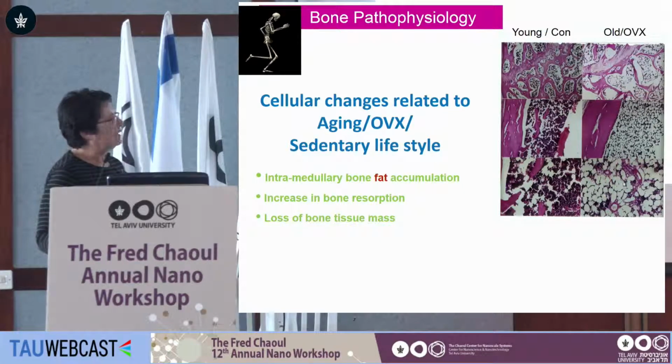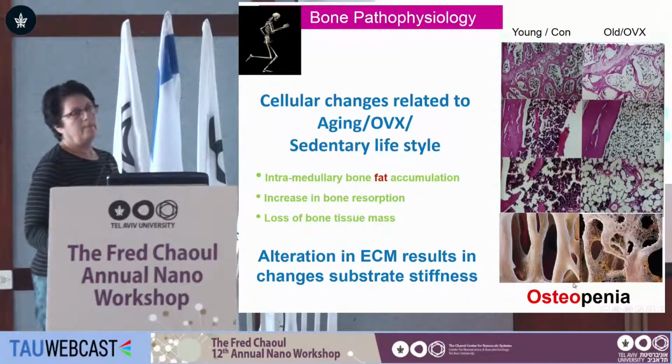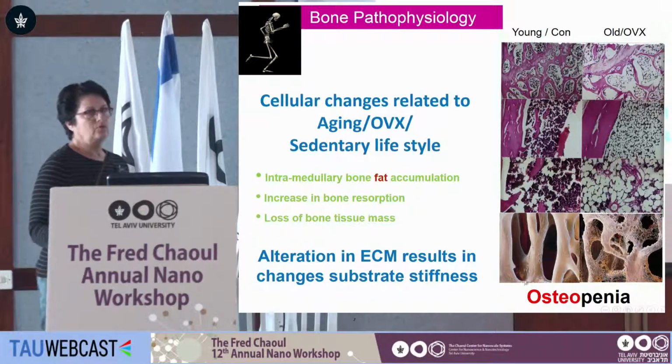The growth of intramedullary bone fat accumulation causes an increase in bone resorption and loss of bone structure, and this is osteopenia. So we are already seeing two kinds of pathologies related to skeletal tissue, where we have more adipose cells at the expense of the local cells that maintain the tissue.